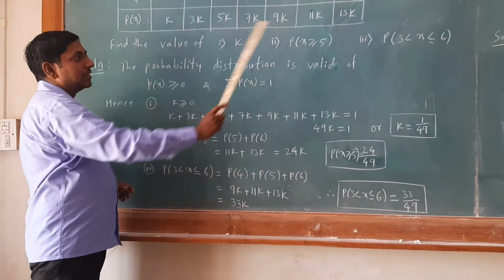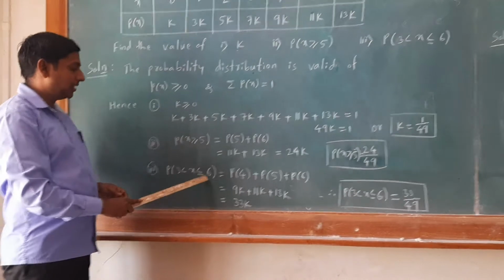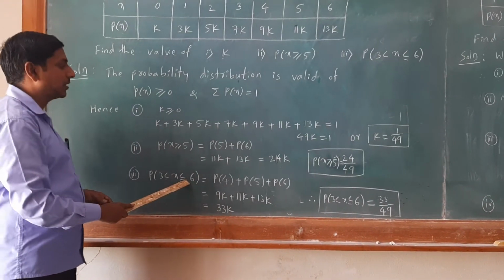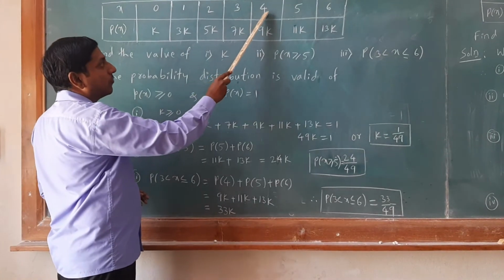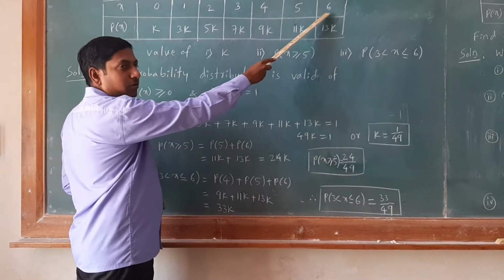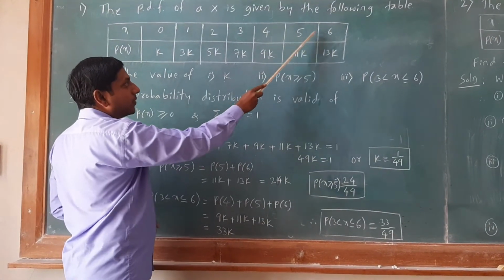Then the third one is x value belonging to the interval 3 and 6 here. So greater than 3, less than or equal to 6. Greater than 3 means 4, 5, and less than or equal to 6 means including 6 here. So you have to use the last three values 4, 5 and 6.